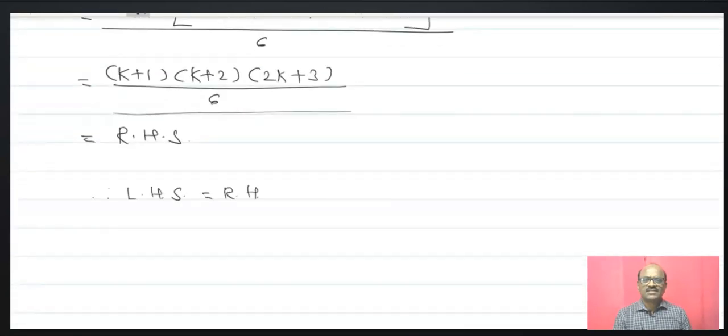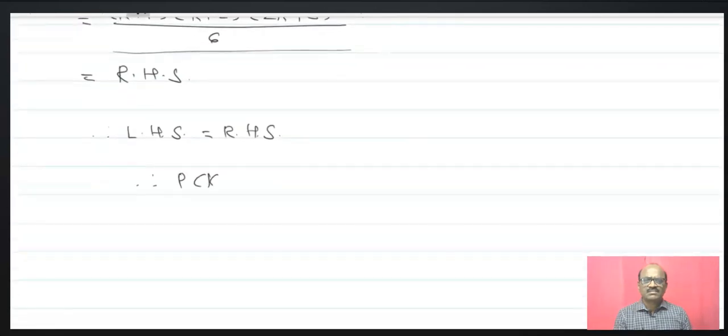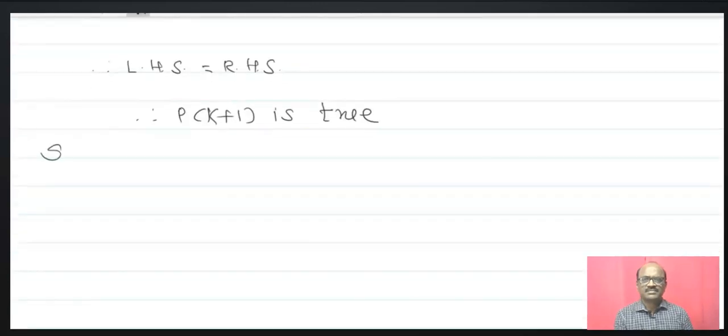Therefore, LHS is equals to RHS. Therefore, P of k plus 1 is true. And then now, next step. That is step number 4.